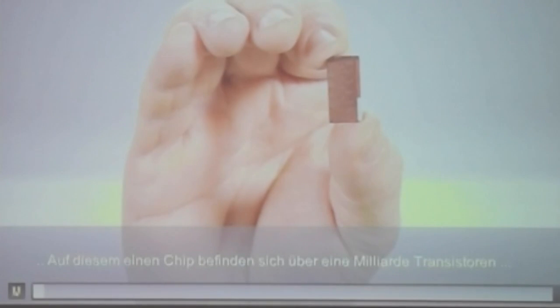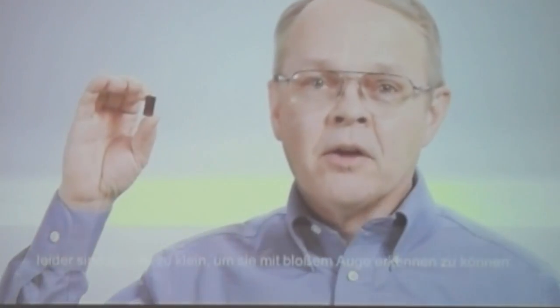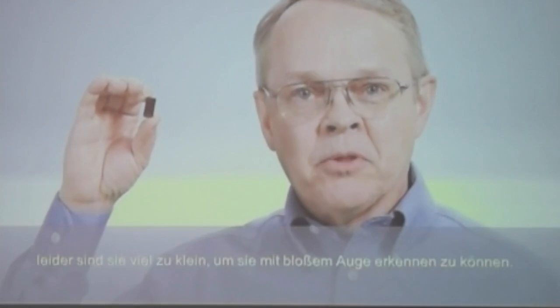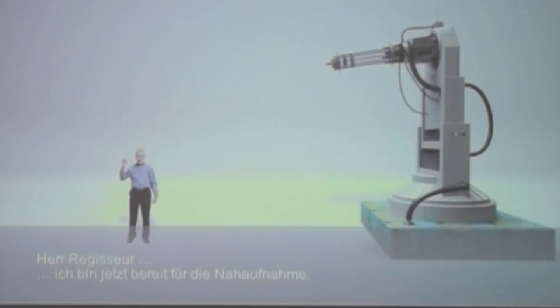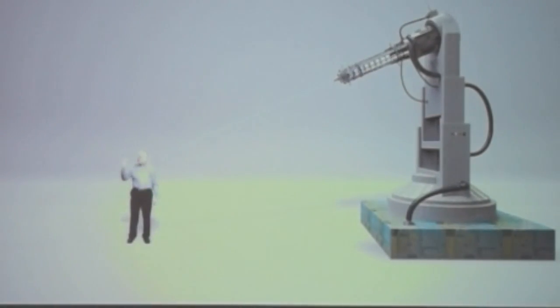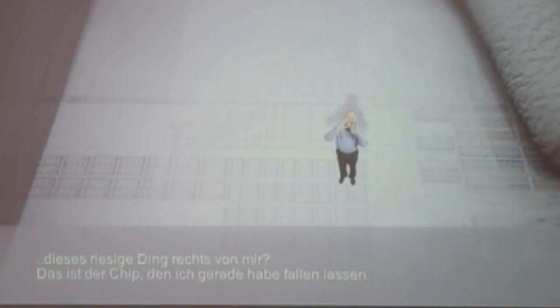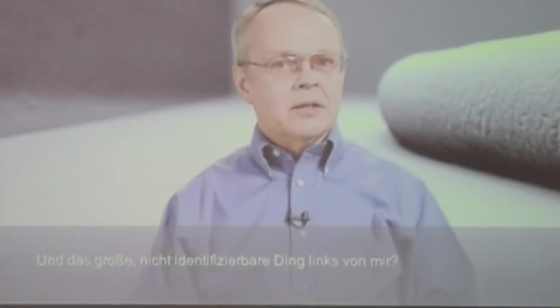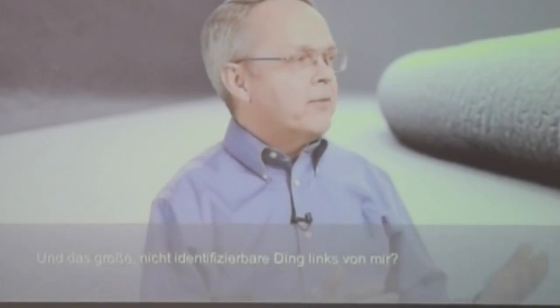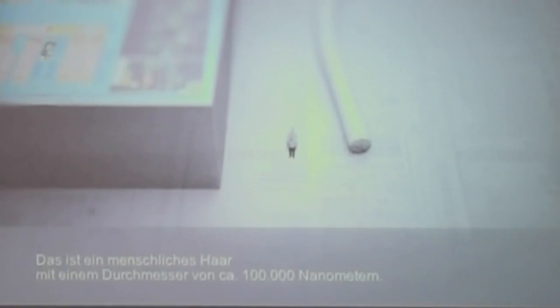There were 1 billion transistors on this single chip. Unfortunately, they are far too small to be seen with the naked eye, which means there's only one way to do this. Mr. Director, I'm ready for my close-up. To 20,000 times smaller. And just to give you some point of reference, this huge object off to my right, that's the chip I just dropped. And this large, unidentifiable object off to my left, that's a human hair, approximately 100,000 nanometers in diameter.